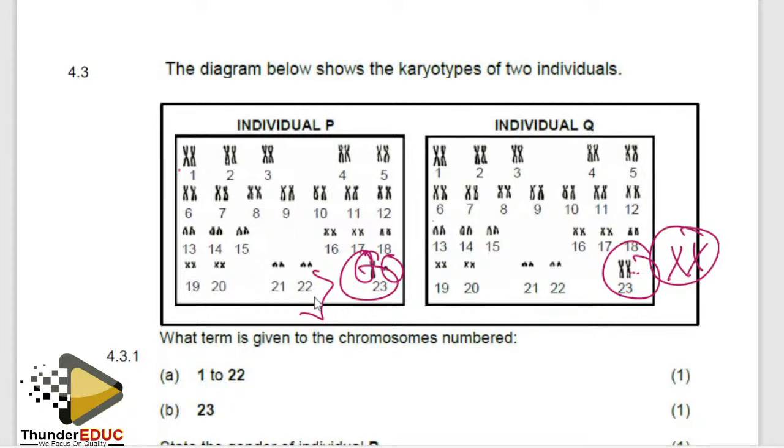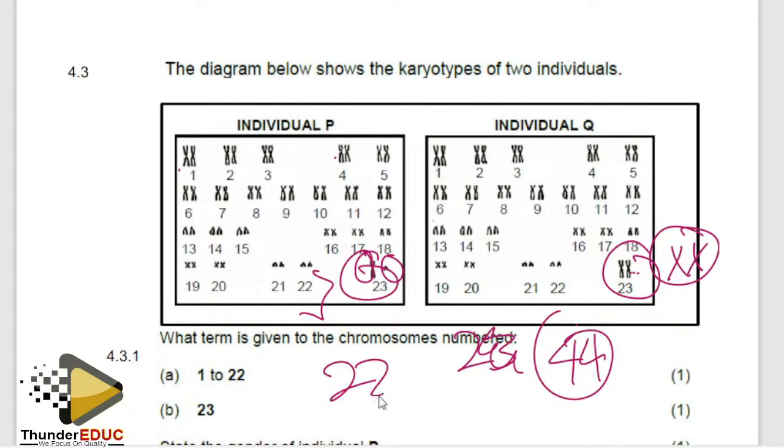But if they ask you how many autosomes are found in it, please guys, don't just say that it's 22 pairs or 44. No, count them, because sometimes maybe chromosome number 6 has 3 instead of 2, and you don't recognize that.